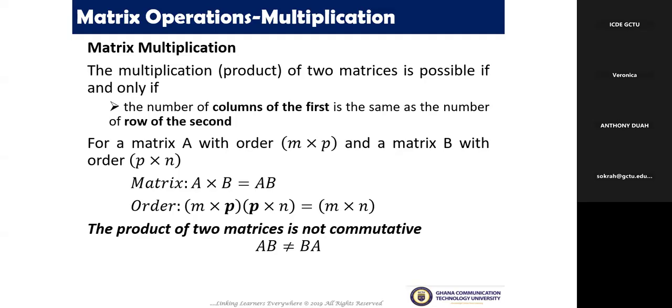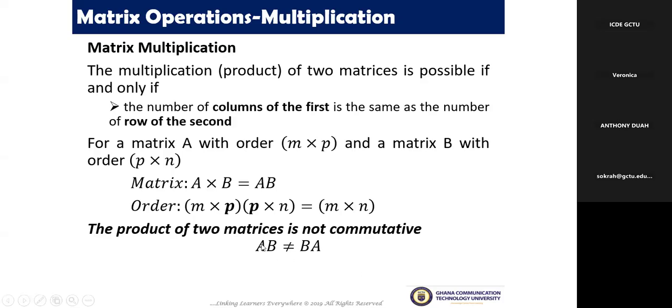So take note. And for this, I've already mentioned the results that you get in terms of the size of the final matrix. But take note that the product of two matrices is not commutative. Matrix multiplication is not commutative.